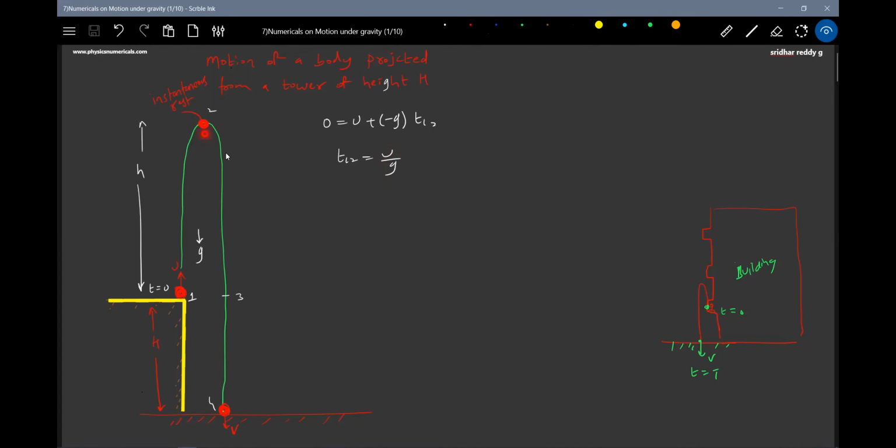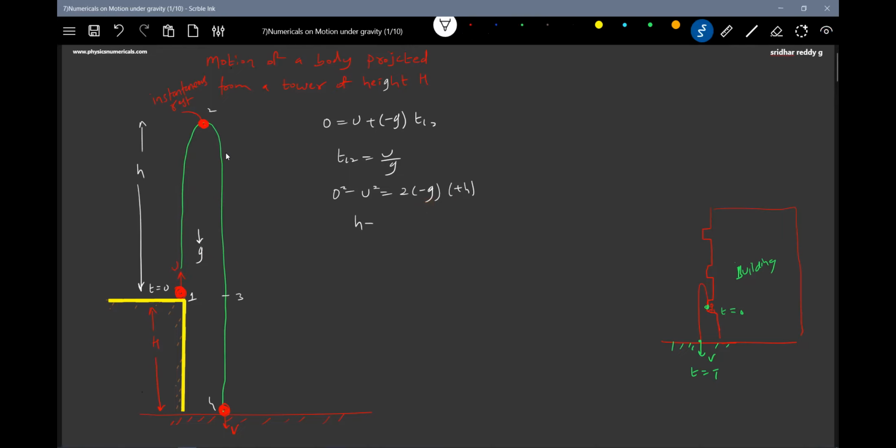Then what is this h? Again, 0 squared minus u squared equals minus g times plus h. Now these are very important: plus h. Why is this h positive? It is measured in the direction of the initial velocity, and g is opposite to the initial velocity.